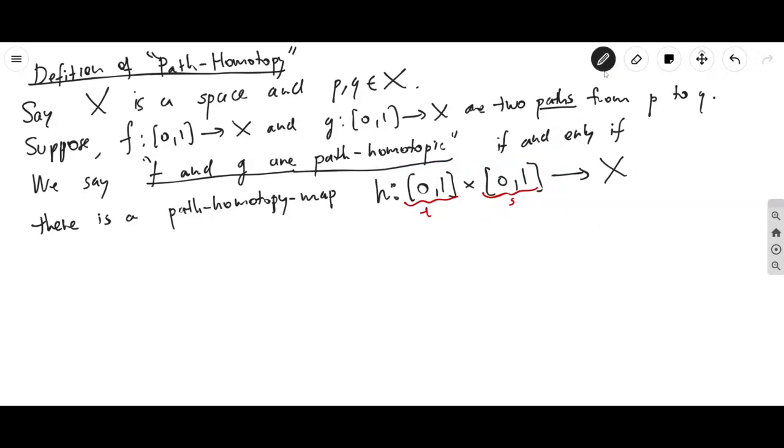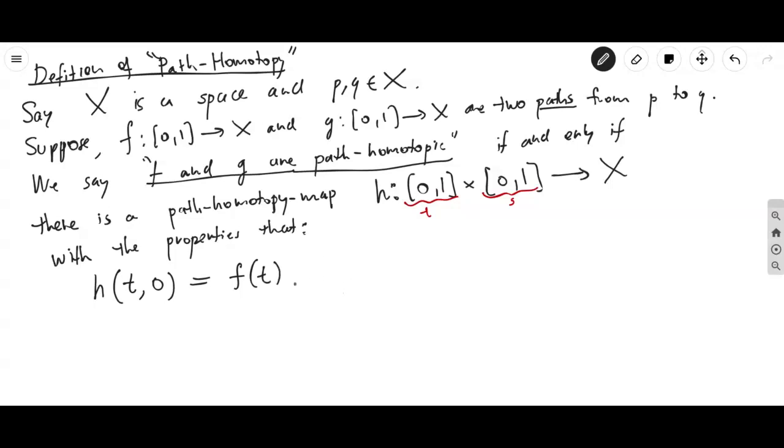So there's a path homotopy map with the following properties. If you do h of t comma 0, you get the first path. If you set s equal to 1, you get the second path.